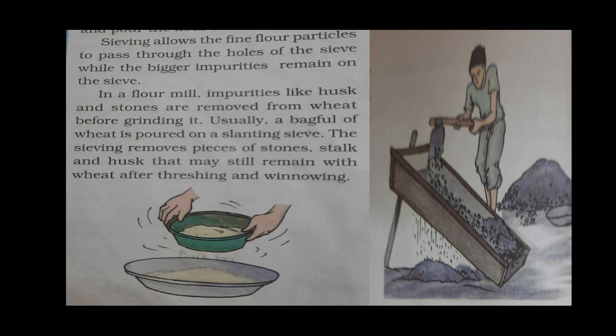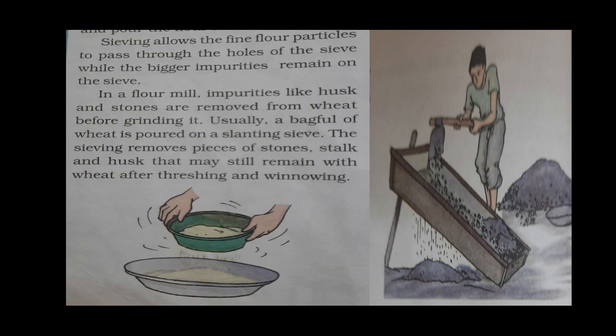The next process of separation is sieving. Sieving allows the fine flour particles to pass through the holes of the sieve while the bigger impurities remain on the sieve. In a flour mill, impurities like husk and stones are removed from wheat before grinding it.